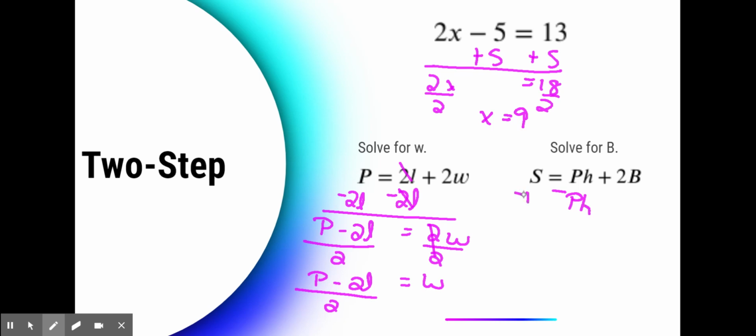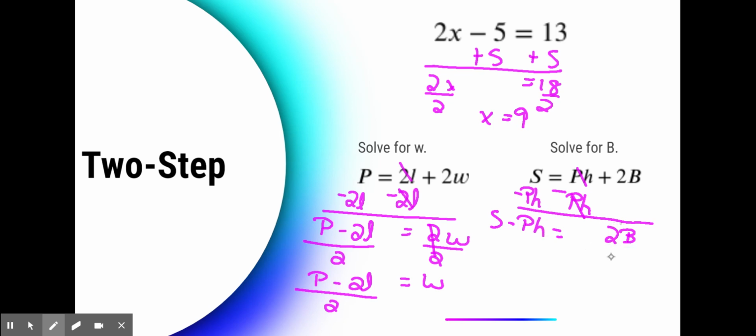Remember, if it's a capital letter, use a capital letter. If it's a lowercase letter, use a lowercase letter. I'm going to bring down 2b. pH minus pH is 0. I'm going to bring down my equal sign. S minus pH, these are not like terms, so all I can do is copy them. S minus pH.